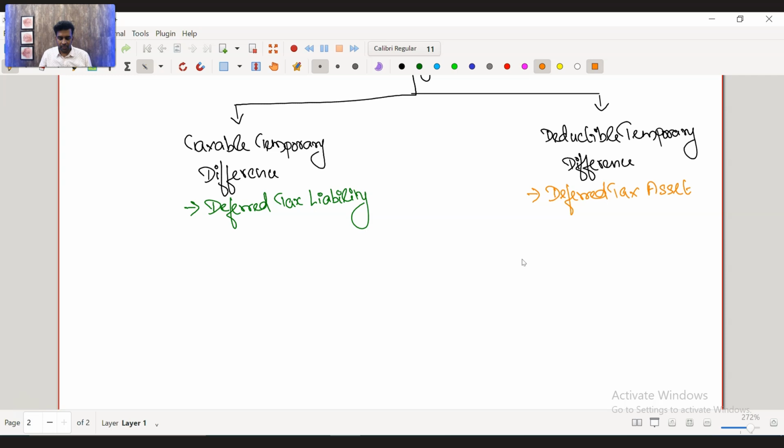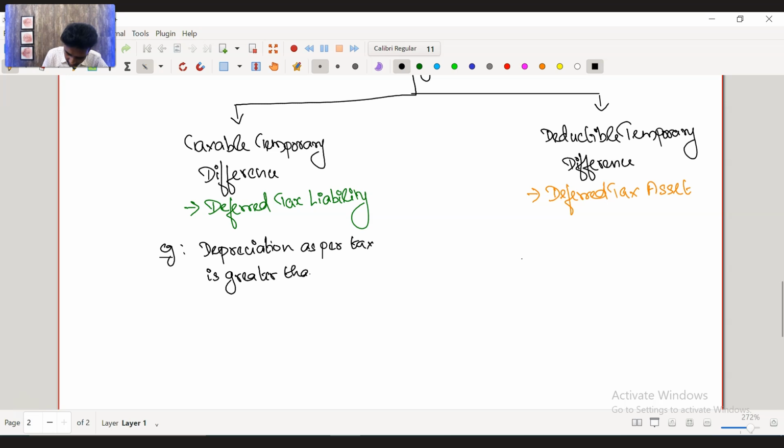An example where your taxable temporary difference could occur is where your depreciation as per tax is greater than as per books.